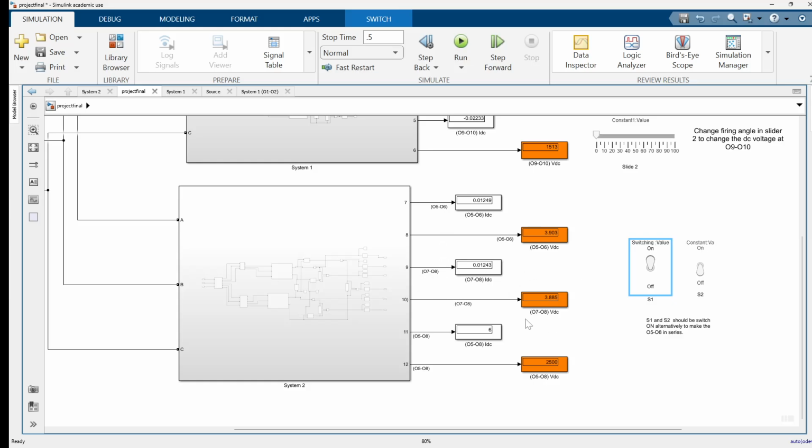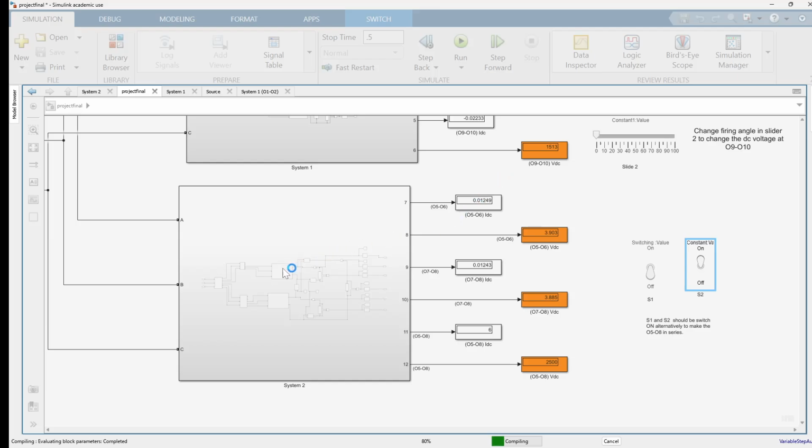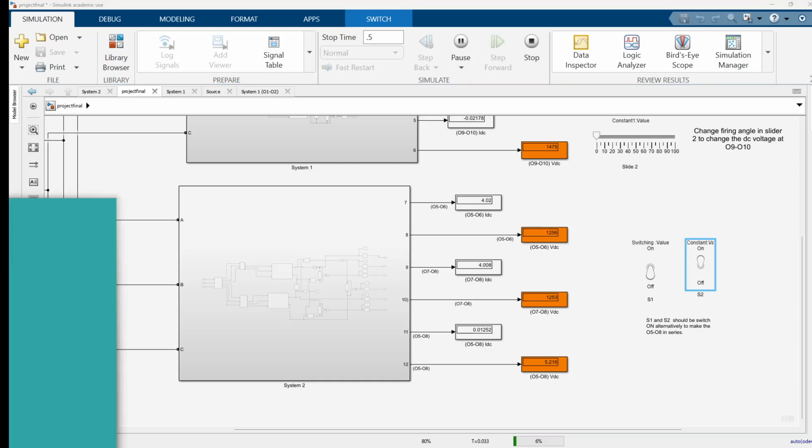It should generate 1250 each, and to do that, let's make the switch in. We will keep the circuit independently without putting it into the series, and each rectifier should produce 1250 volt.